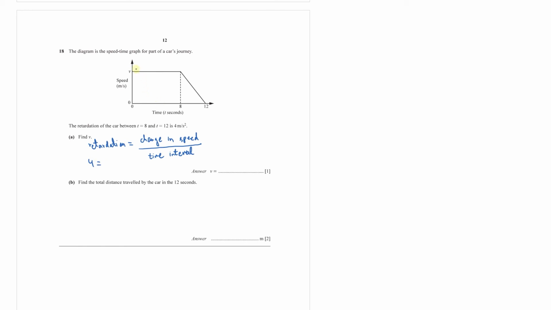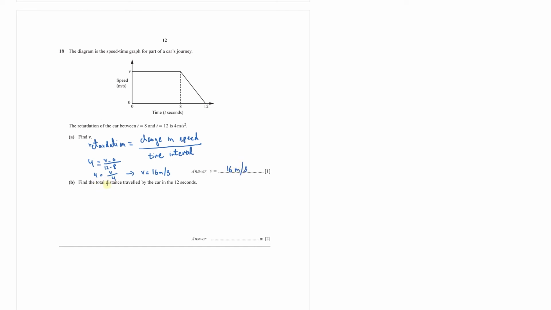The change in speed is from v to 0, so that would be v, and your time interval is 4 seconds. It started at 8 and ended at 12, so 12 minus 8. So 4 equals v by 4 here, and this gives you v equals 16 meters per second. So v would be 16 meters per second.